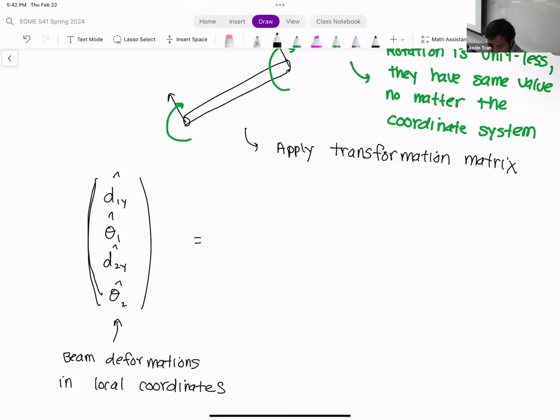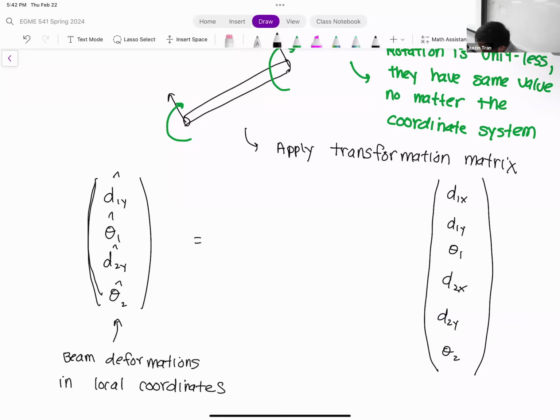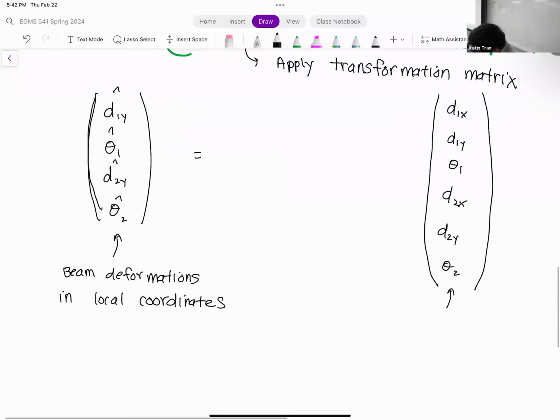But in order to use this, we have to transform this into the fixed or reference coordinate system. That reference coordinate system is d1x, d1y, theta1, d2x, d2y, theta2.